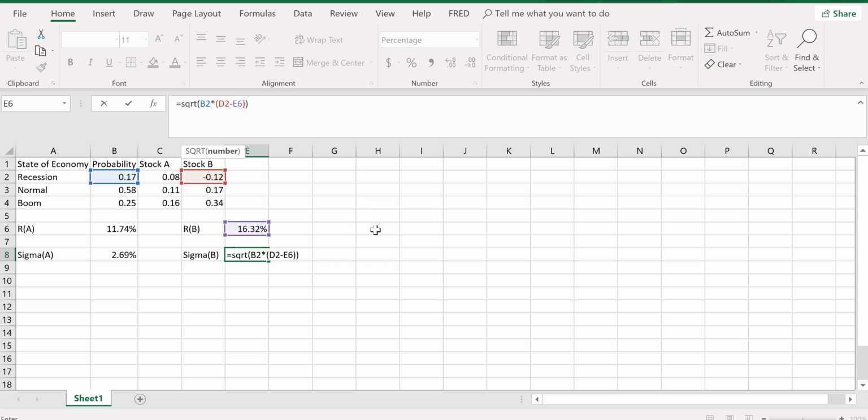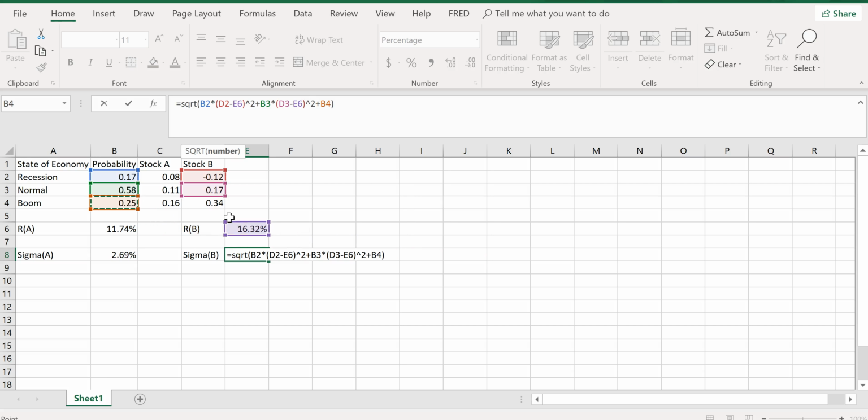And then take the square of that and go on under the normal state probability times the deviation, the return for stock B under normal state minus the expected rate of return for stock B, and take the square of that and go on under the booming state.